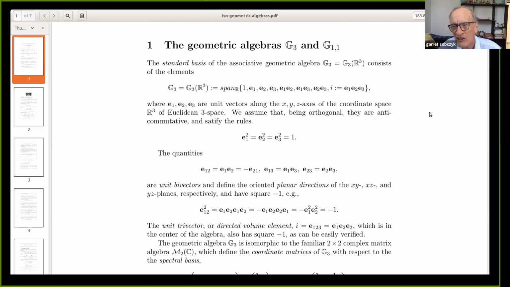But there are many relationships between geometric algebras, and any matrix, whether it's a square matrix or a more general M cross N matrix, you can always interpret their elements. You can always interpret the matrix as being the coordinate matrix of many possible geometric numbers.